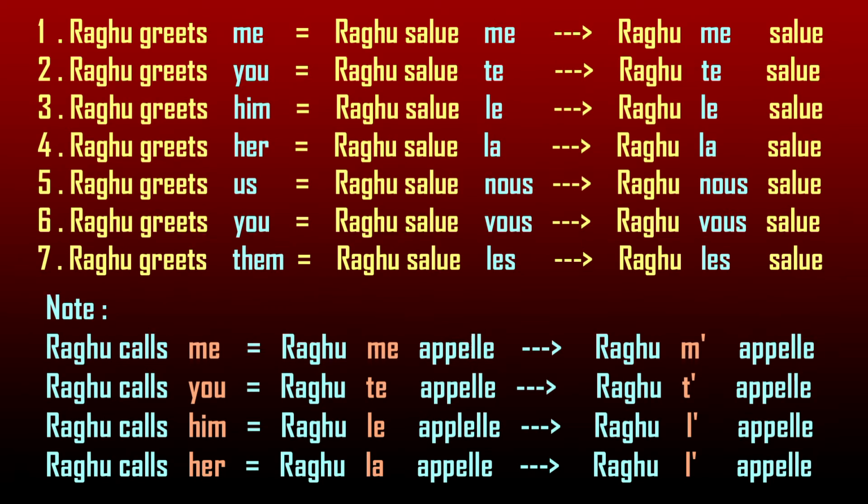To avoid the hiatus created in the free flow of the language, we make me into m apostrophe, te into t apostrophe, le and la into l apostrophe. Look at the last 4 sentences on the screen.